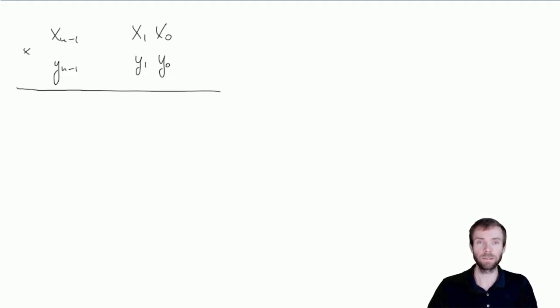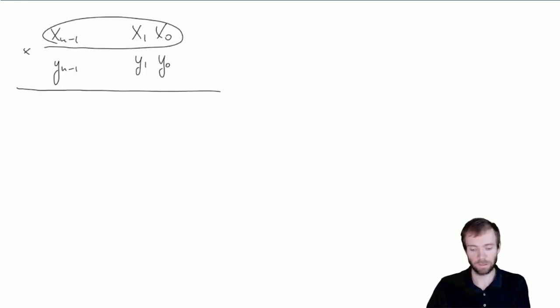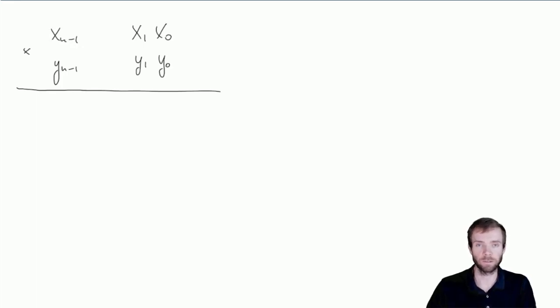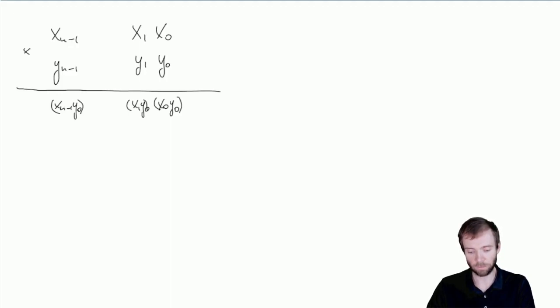For binary notation, this is especially simple because multiplication of a number by a single digit is either constant 0, so all zeros, or the number itself, because the bit is either 0 or 1. So the numbers whose binary representations we have to add are x0 y0, x1 y0, up to xn minus 1 y0. These are the bits of the first number.